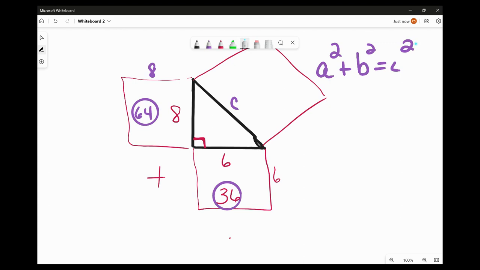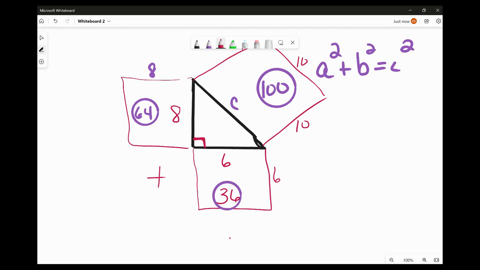It's telling me that the area of this square plus the area of this square would equal the area of this square, meaning the area of this square would be 100, because 64 plus 36 equals 100. That would be the area here. So if I wanted the side length, I could take the square root of 100, and the side length would be 10, because 10 times 10 equals 100. So that's kind of background.